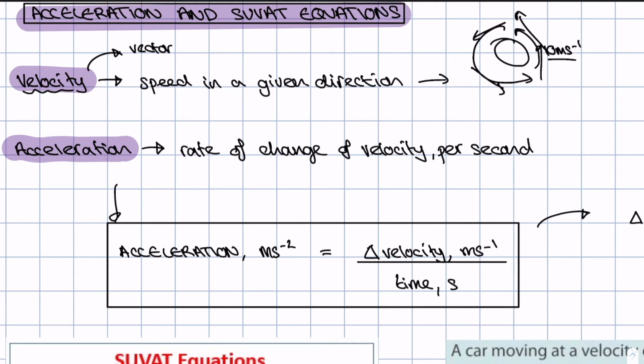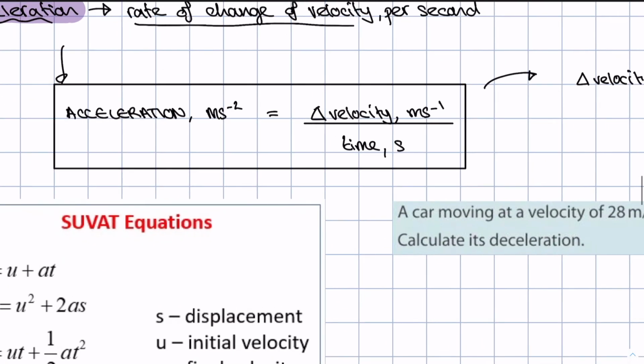So moving on to acceleration now. Acceleration is the rate of change of velocity per second, so how fast does that velocity change? This is a very important equation that you need to get your head around, as you'll be using it a lot. Acceleration, in meters per second squared, notice that, and it might be written as m over s squared, is equal to change in velocity over time in seconds. The delta just means the change, in meters per second, which we've already covered.